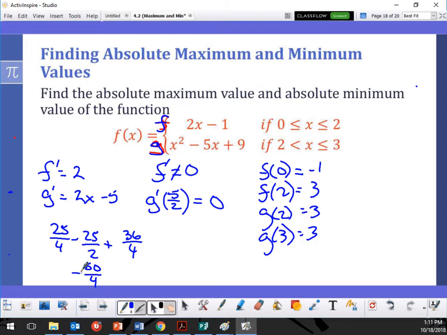Okay, so we know that it's going to be, so G, I said G and F still come out. So G of 5 over 2 is going to be a positive 11 over 4. So now, is that more or less than my endpoints?